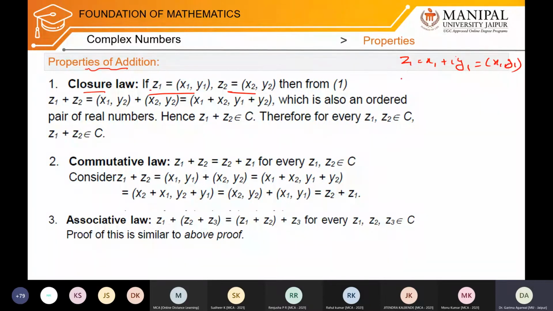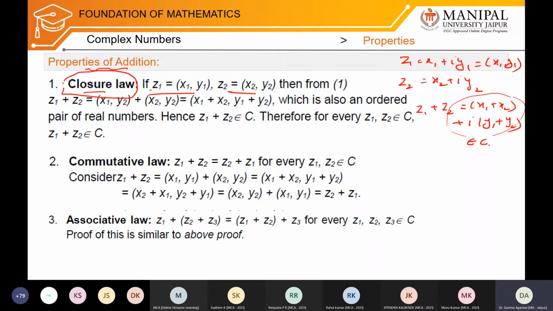These are just the notations. Similarly, z2 is x2 plus iota y2. Then the addition of z1 and z2 can be found by just adding the real part and the imaginary part, that is x1 plus x2 plus iota times y1 plus y2. So this number is also an element of complex numbers. That means complex numbers satisfy the closure property, right?